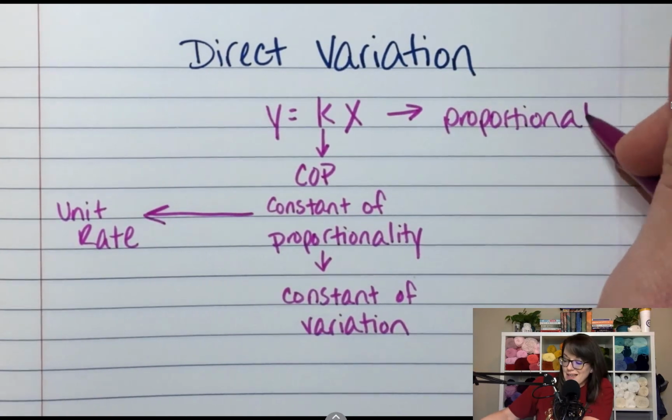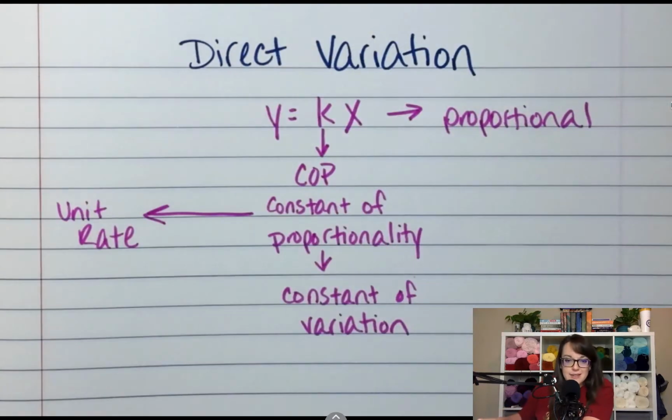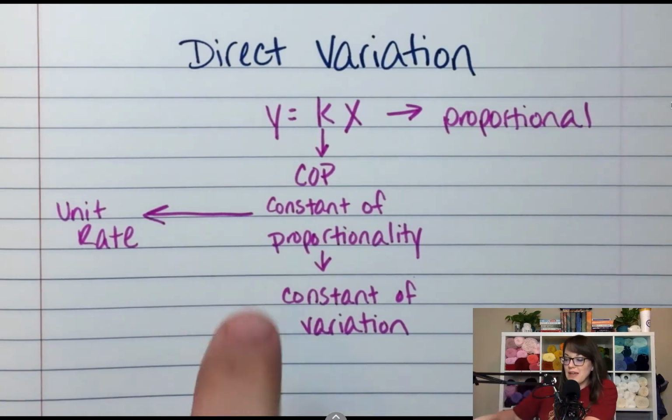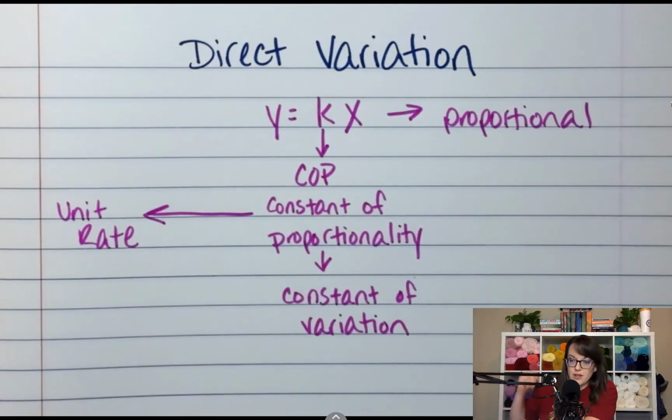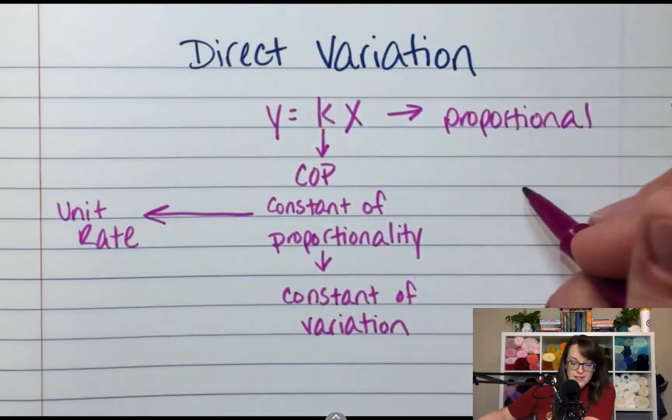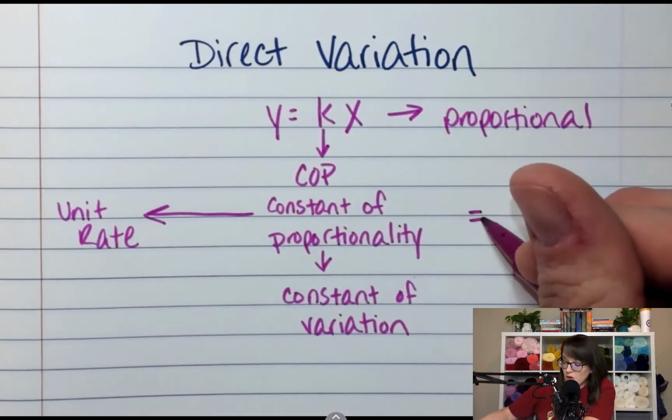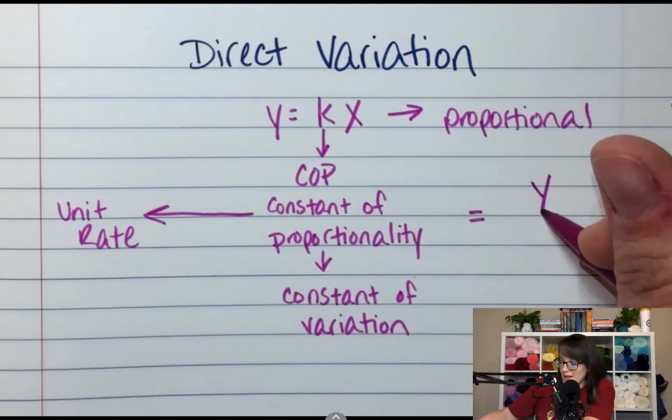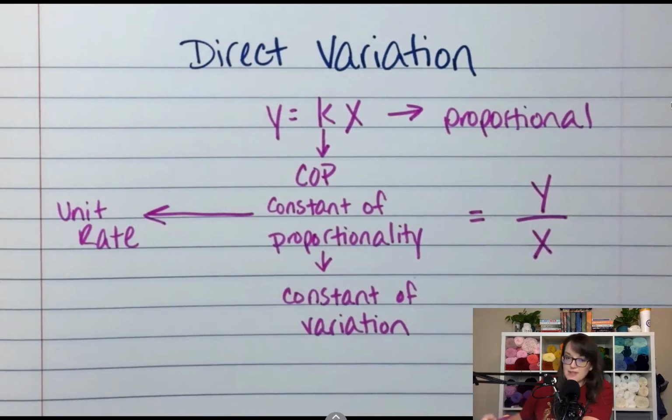So all of these things are just proportional relationships, which means it's a straight line. It goes through the origin. Each thing costs the same amount, and there has to be a direct correlation between the x's and the y's. To find k, our formula is y divided by x.